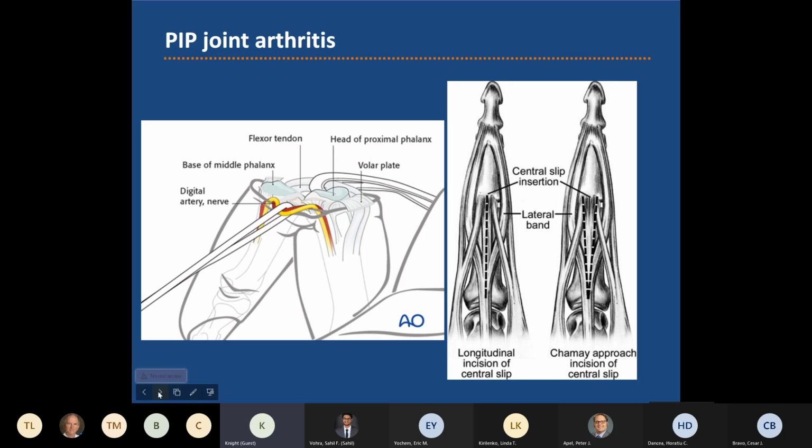When you do a dorsal approach, they do not tend to have an excellent extension with that central slip being violated. The volar approach is the approach where you shotgun the PIP joint. You have to take down the collaterals to do that, and you do a resection. And I think it's an excellent approach for this. You can also use that for a hemihamate procedure if you're doing that. So next.